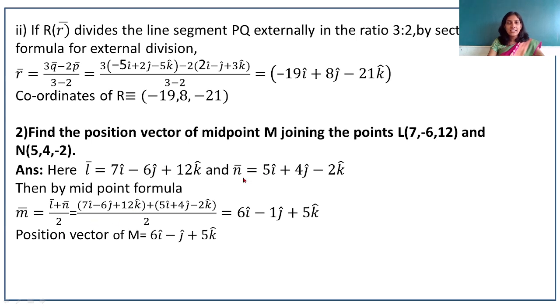L bar is here, N bar is here, divided by 2, which is equal to, we add these two vectors, we will get 6i cap minus 1j cap plus 5k cap. We cannot write 1. So position vector of M is equal to 6i cap minus j cap plus 5k cap. This is our second example.